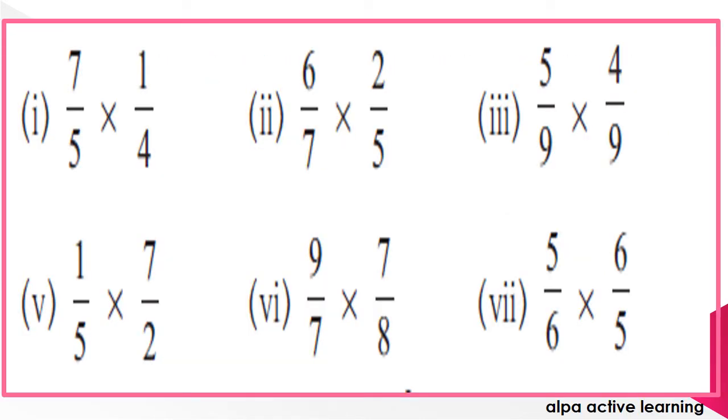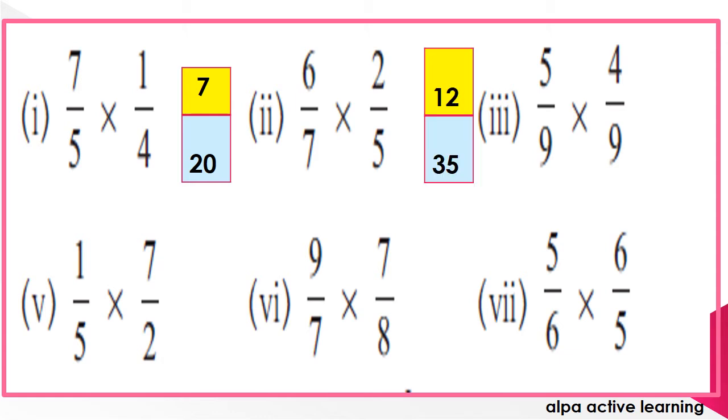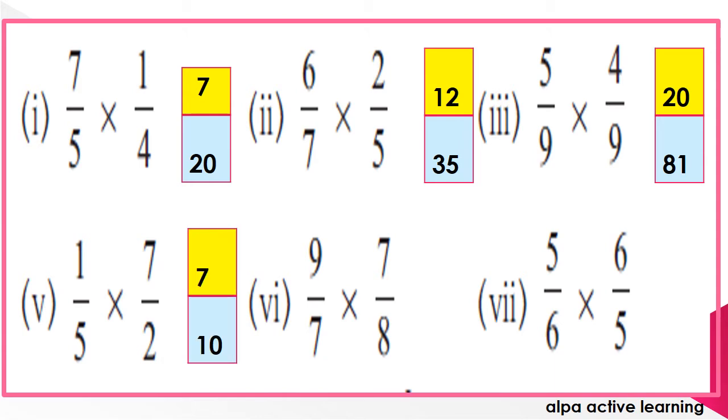Now let's see here. 7 upon 5 into 1 upon 4. Rule: numerator into numerator. 7 ones are 7. 5 fours are 20. Now be ready. It's very easy. Second, guess what it will be? Yes, 12 upon 35. Third, 5 fours are 20. 9 nines are 81. Fifth one, 1 sevens are 7. 5 twos are 10.